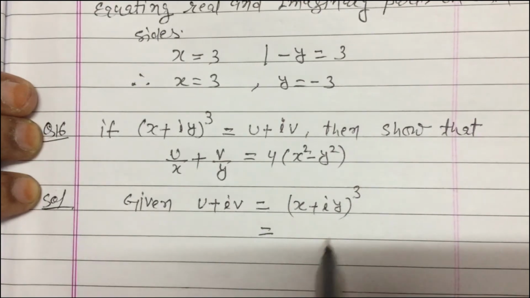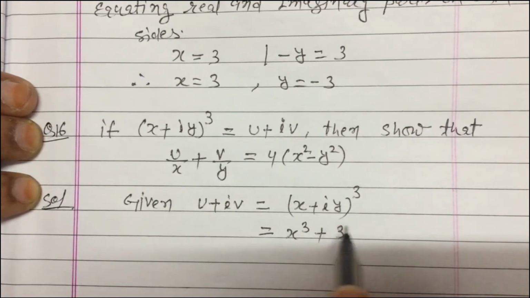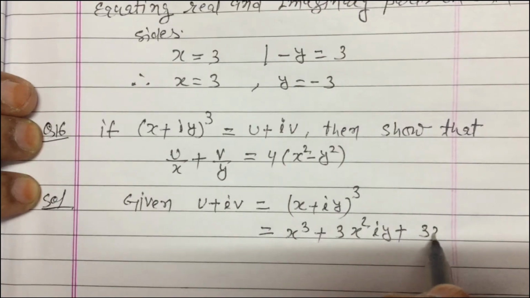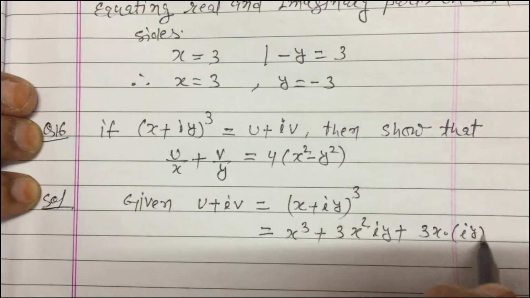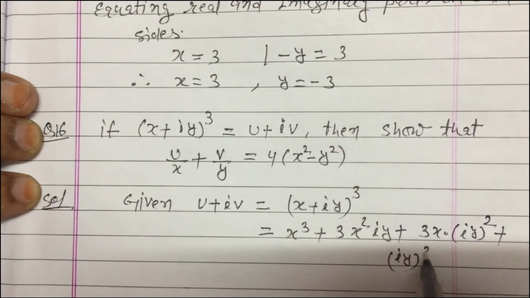Now apply the identity of (a plus b) whole cube. You will get x cube plus 3x square iy plus 3x into (iy) square, and here plus (iy) whole cube.